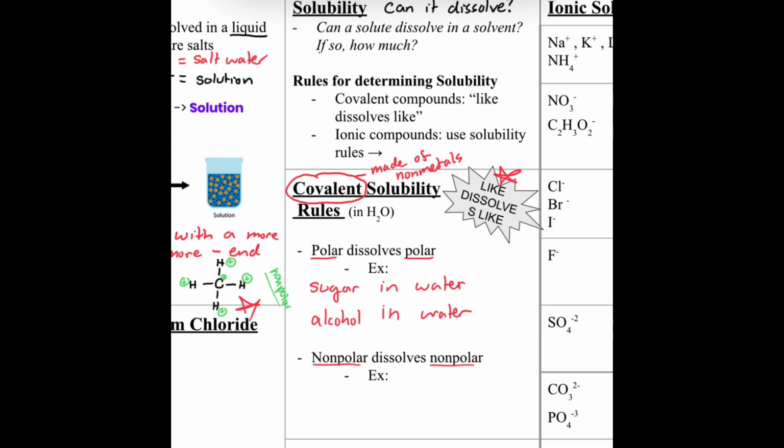All right? However, if you're talking about a nonpolar substance like oil trying to dissolve in another nonpolar substance like wax, or vice versa, wax can dissolve in oil, oils can dissolve in wax, those are fine because both of those substances are non-polar. All right?